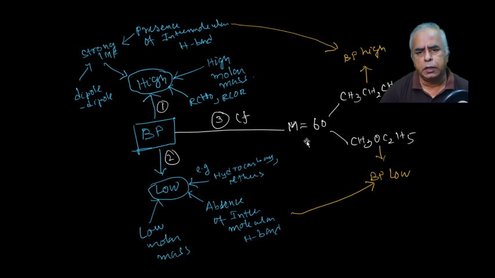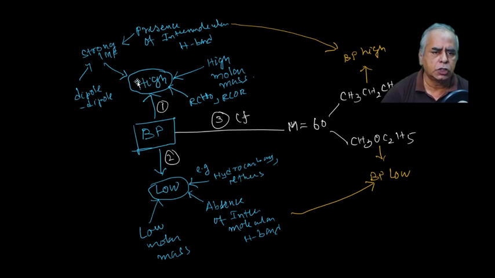But in the case of these two molecules, even though they have a molar mass of 60, the boiling point of the alcohol is high, whereas the ether is low. It is because of the absence of intermolecular hydrogen bonding in one and the presence of hydrogen bonding in the other. So likewise you should be able to explain the boiling point based on intermolecular hydrogen bonding also.